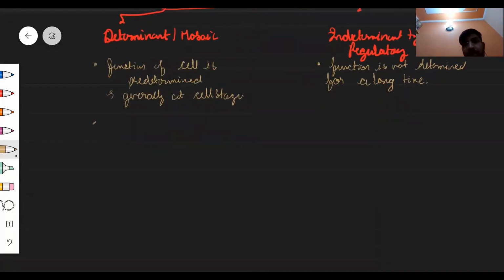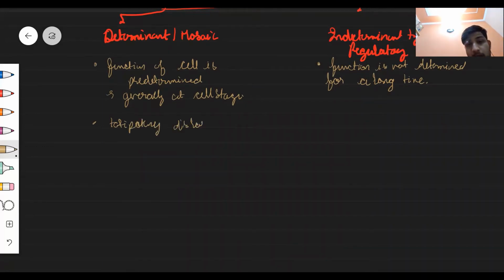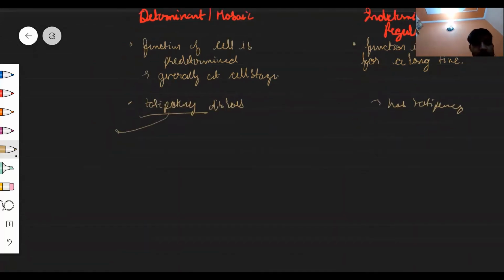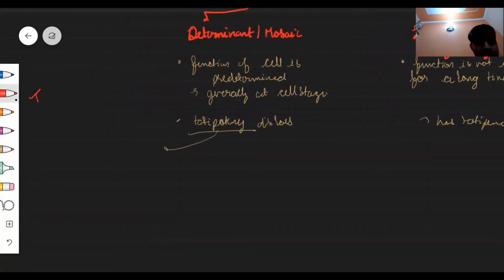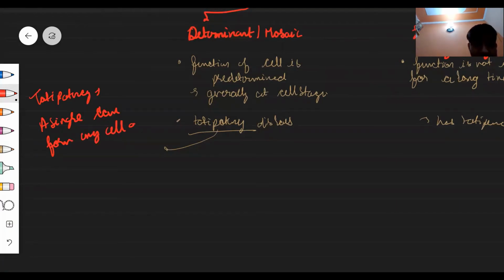If the function of the cell is defined, it loses the totipotency of the cell. What is totipotency? Totipotency is that a single cell can form any cell of the body.